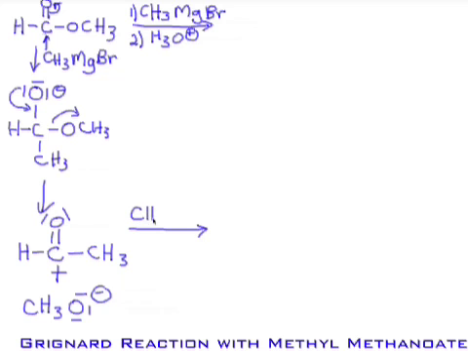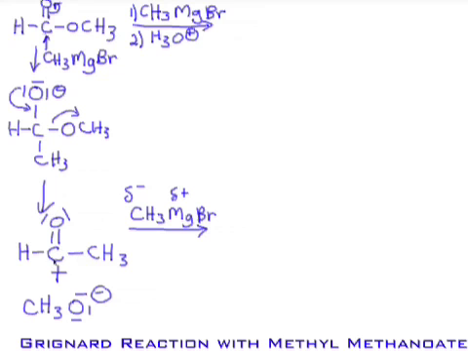Now once again, when we throw in this methyl magnesium bromide, and by the way, methyl magnesium bromide, even if you didn't have two equivalents, would be starting to attack the aldehyde. The delta plus on the magnesium, delta minus on the carbon.